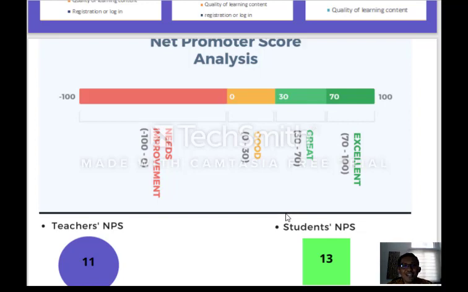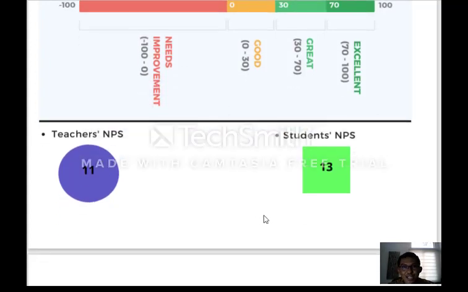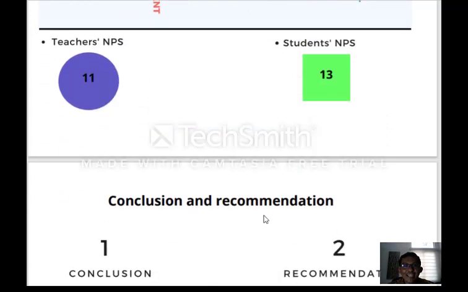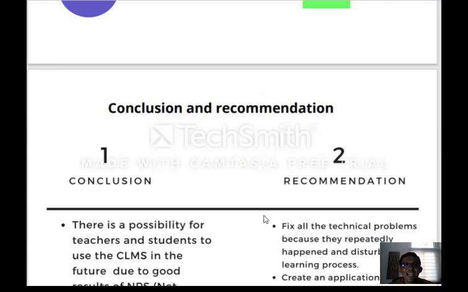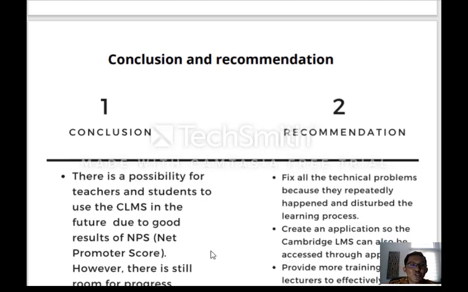So as you can see, the teachers' NPS is 11, so it's considered good, and the students' NPS is 13, so it's considered good. So in conclusion, it can be said that there is a possibility for data scientists to use the CLMS in the future due to the good result of NPS, or Net Promoter Score.